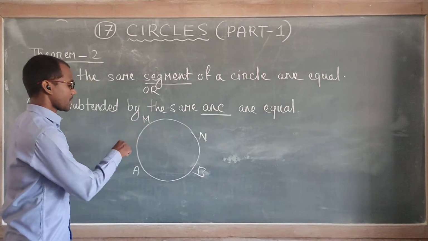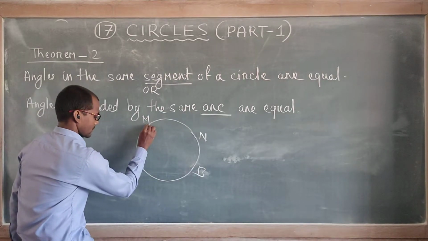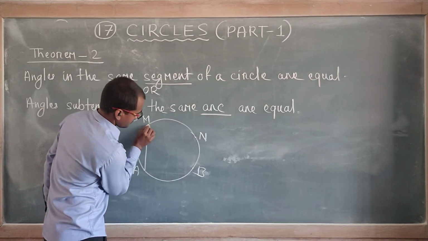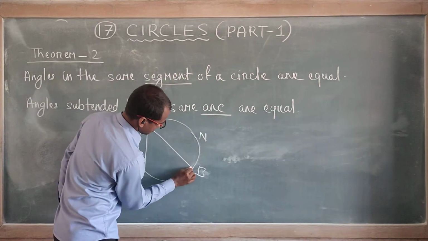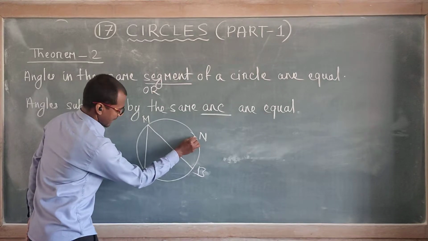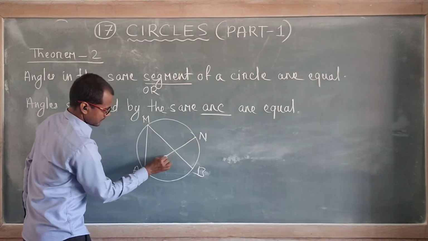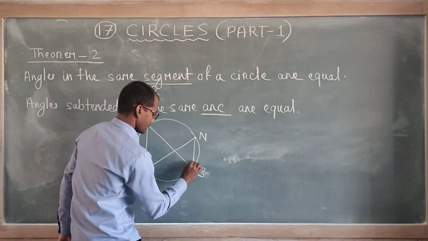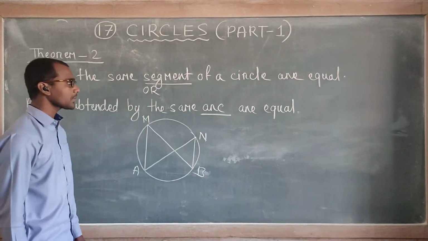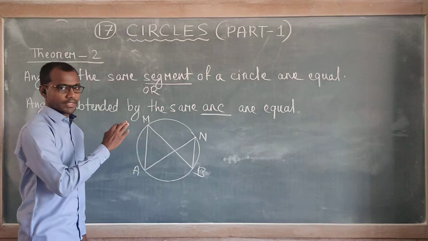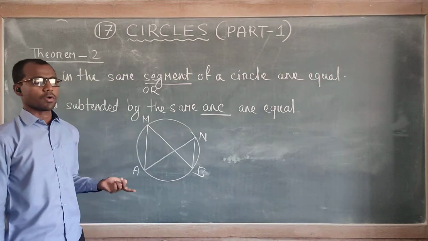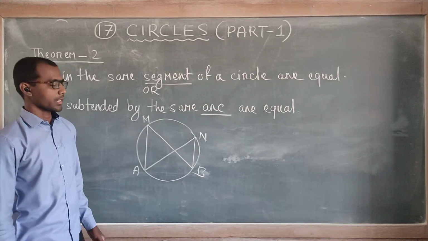Let us join MA and MB, then NA and NB. Now by this theorem, angles subtended by the same arc are equal, or angles in the same segment are equal.